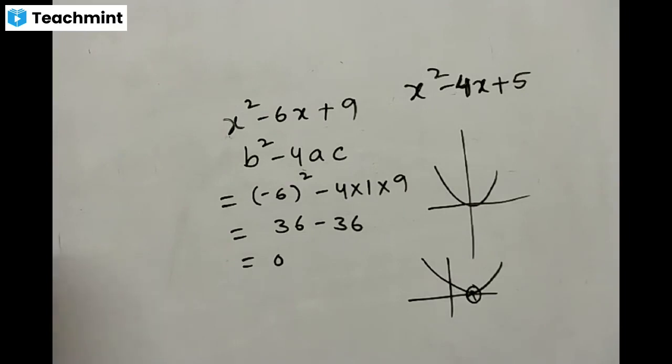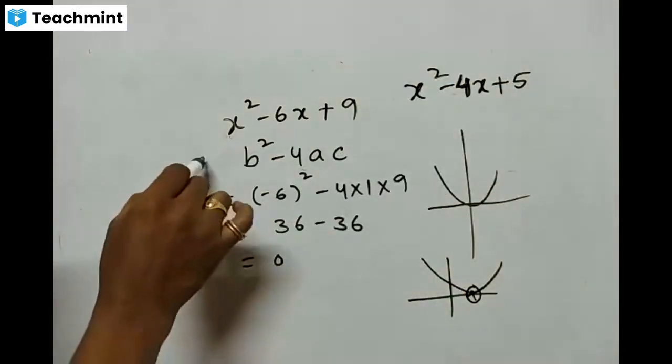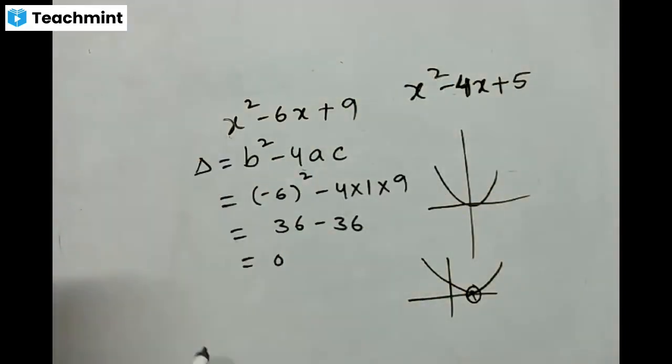Sir, what value should we replace, sir? Calculate b square minus 4ac, the delta value, the discriminant. B value, how much? Minus 4.